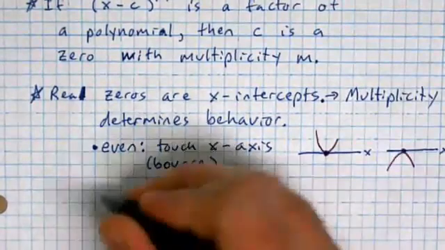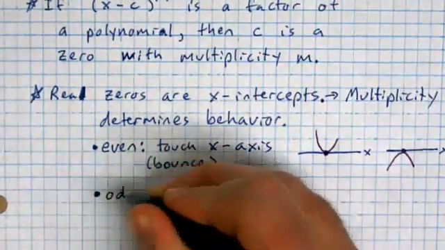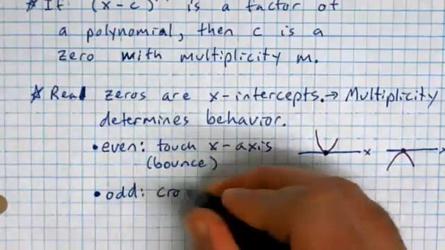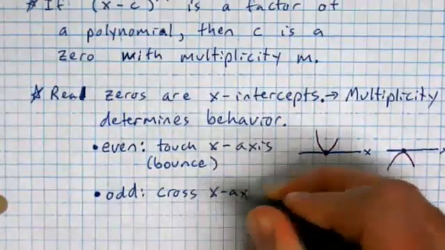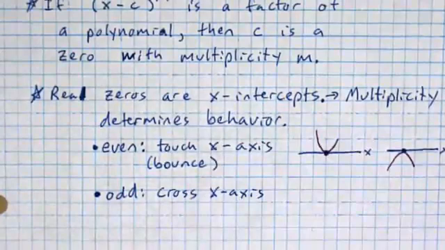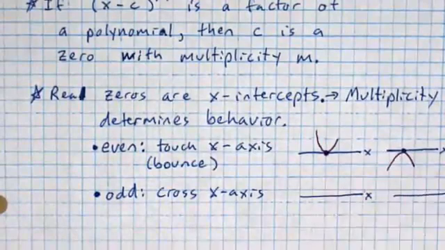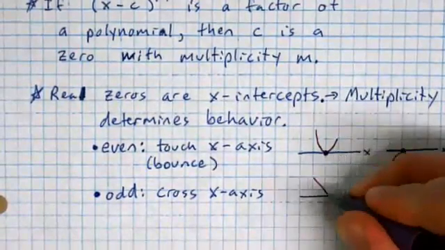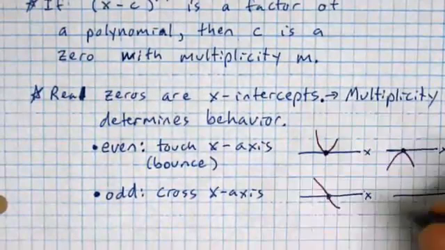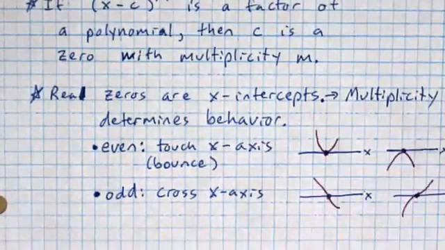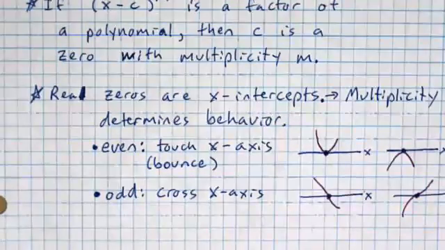Where if it's an odd multiplicity, it's going to cross. So either go from positive to negative or vice versa. Does this sound familiar?